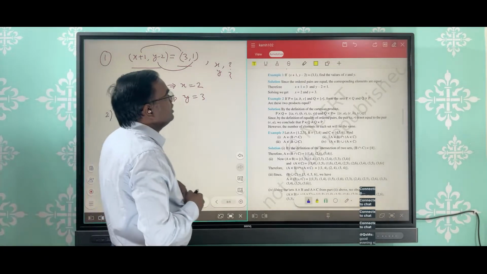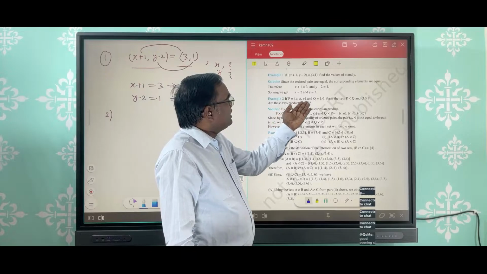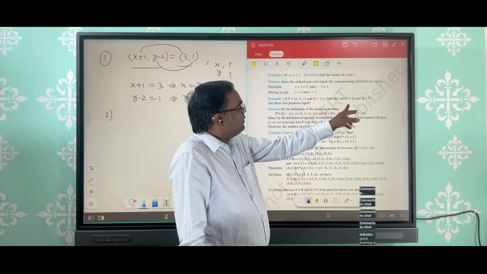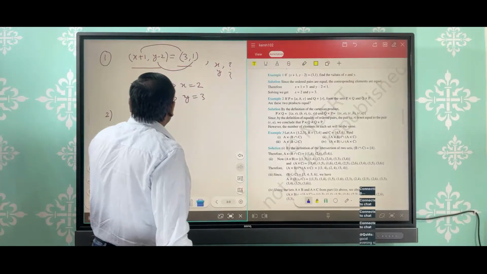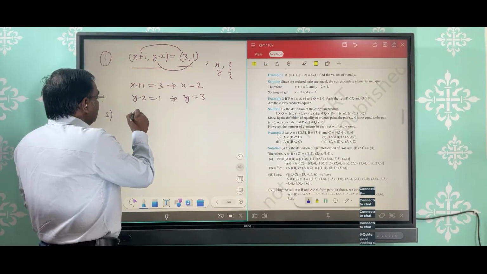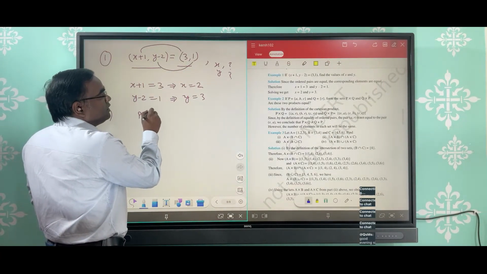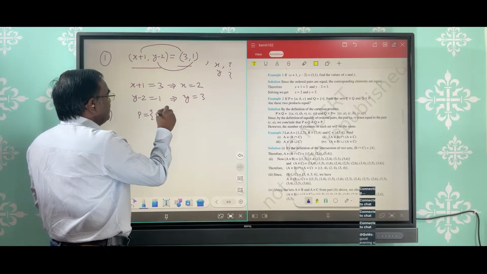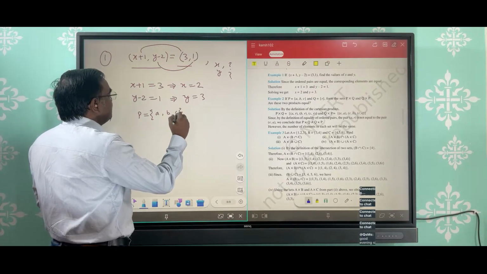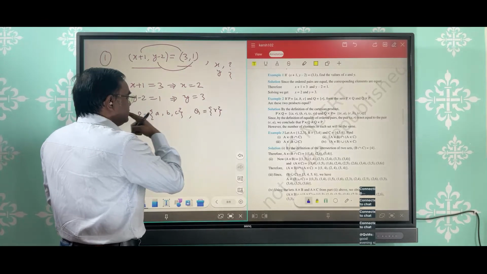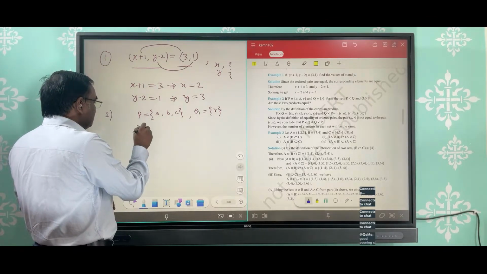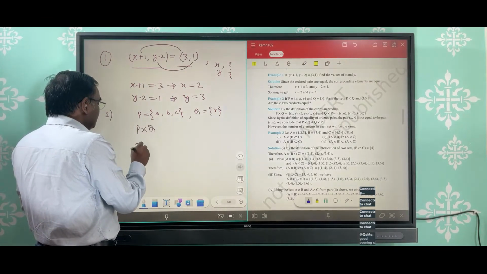Now similarly, if P and Q form the sets P cross Q and Q cross P, are these two products equal? So let us check this. P is given as the set of A, B, C elements and Q is the set of element R. So let us check whether P cross Q and Q cross P are the same or not.